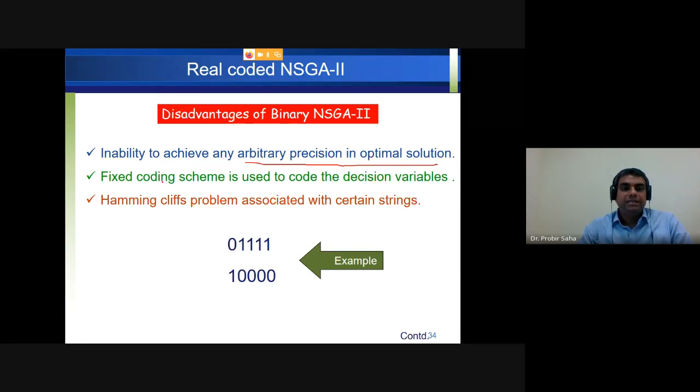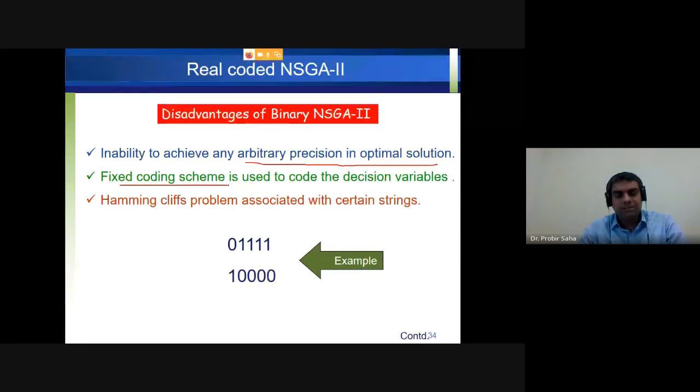The second one is the fixed coding scheme. I have used just that one coding scheme to map the decision variables from binary to the real value. And there you might have observed that we have used a maximum and minimum value of the decision variables. It indicates that if you know the boundary values of a decision variable, you are very sure about the problem.